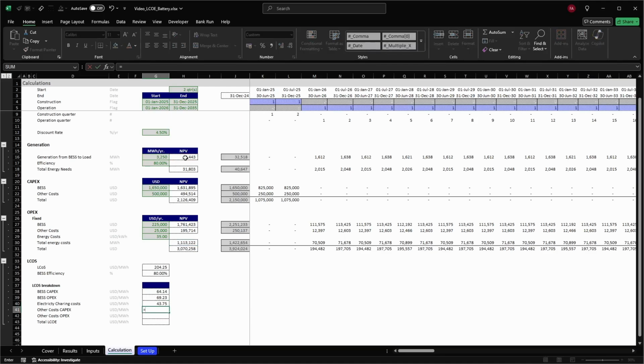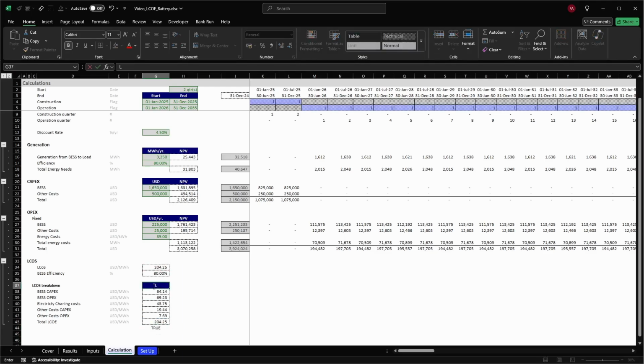The other capex is going to be this number divided by this number. And now we're going to have the other opex, which is this one divided by this one. And if we add all these things together, we should achieve the same result, which we do. So basically I'm going to say this number equals this one here. And if this is true, which it is, then our model should be correct, right?